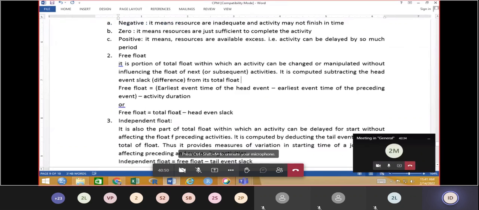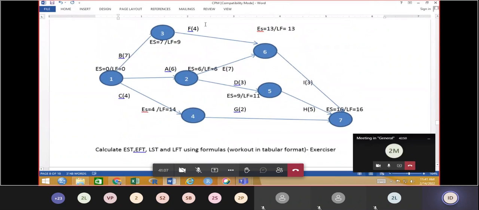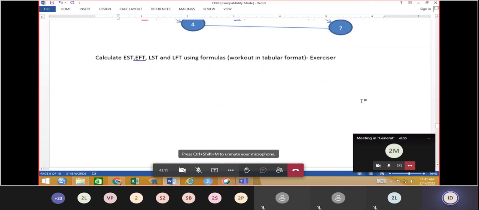So the formula to keep in mind: free float equals earliest event time of the head event minus earliest time of the preceding tail event. Diagrammatically, this is the head event and this is the tail event.